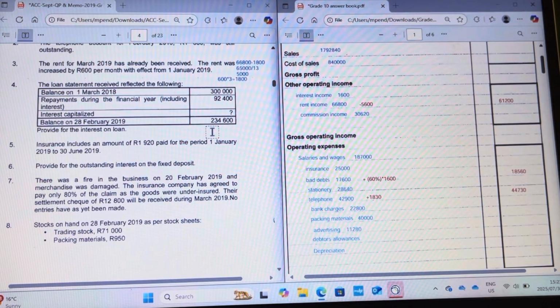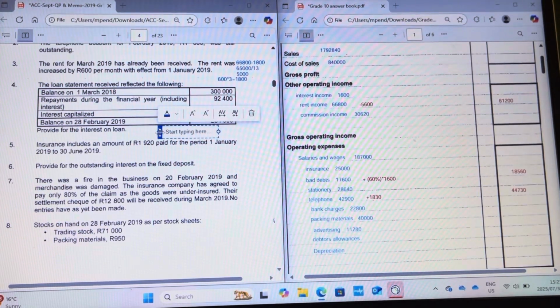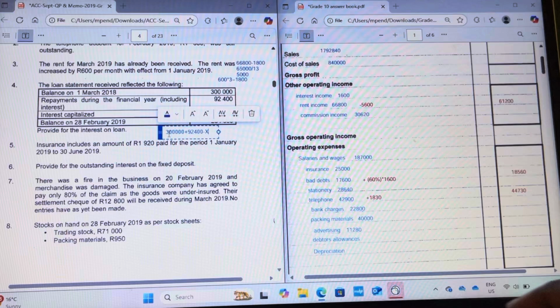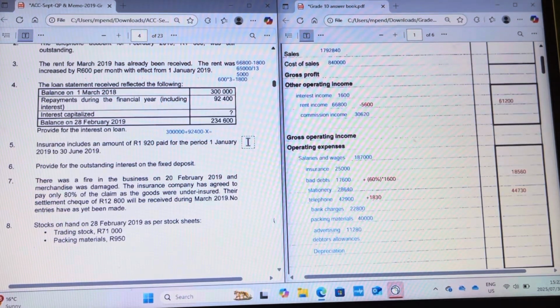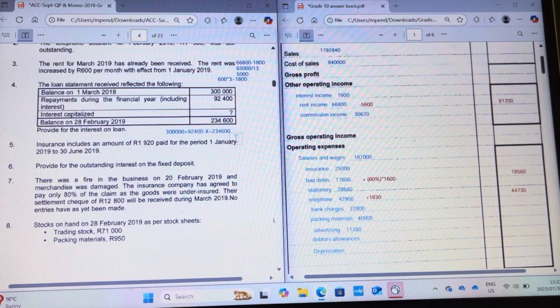And if you put that down into a formula or on paper and work it backwards, we want to find the value of X. So you would say that it's 300,000 plus 92,400 minus X, which is the value we do not have, is going to be equal to 234,600. Okay, now it's just a matter of solving for X.